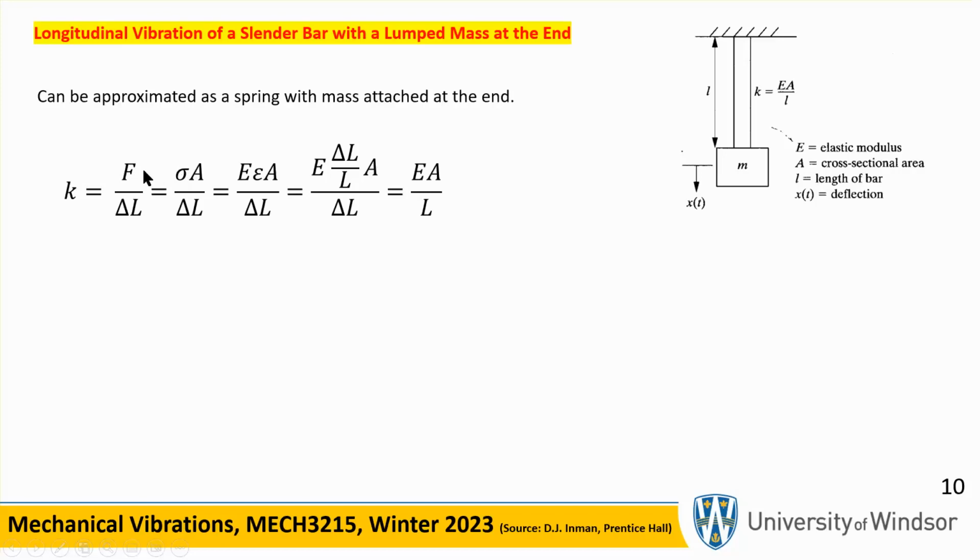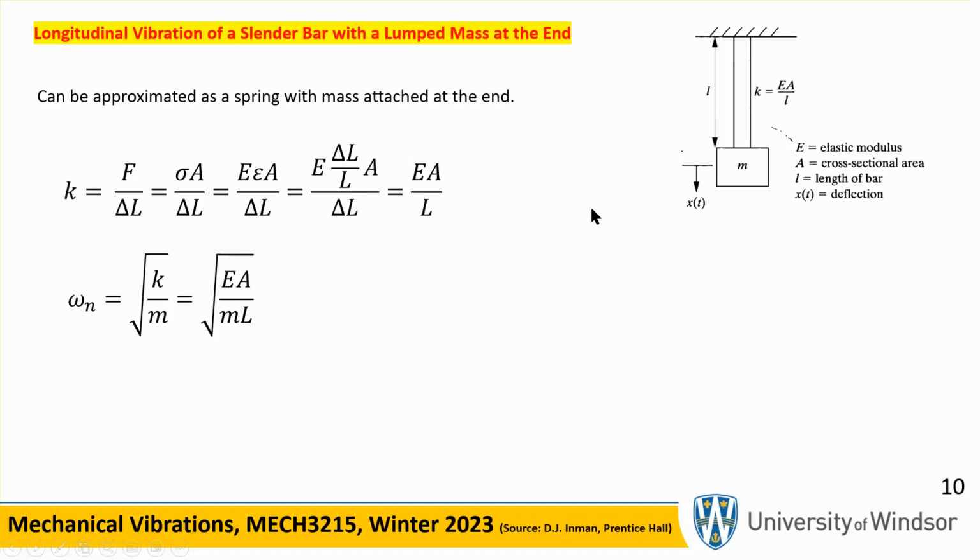Sigma is F over A, or F is sigma times A. We leave the delta L, and because the problem is linear, the stress in the bar is Young's modulus times strain in the bar. So sigma is equal to E, Young's modulus, times strain. And the strain, by definition, is change in length over the original length. Notice that the change in length disappears, and you get EA over L. So this is the stiffness of my axially loaded member.